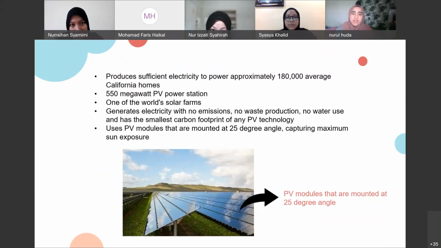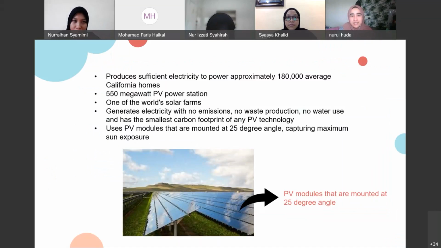It produces sufficient electricity to power approximately 180,000 average California homes. It is a 550 megawatt PV power station. Topaz Solar Farm is one of the world's largest solar farms.